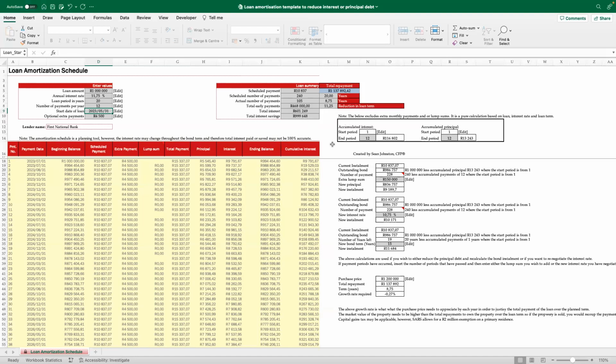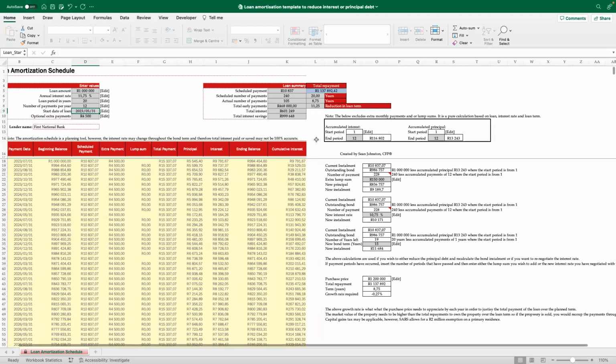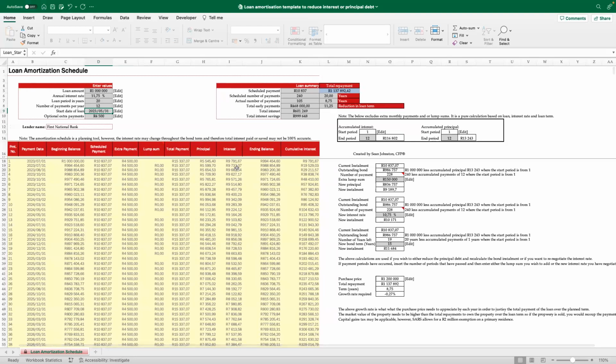The total interest savings is just under £1 million. It's 999,648. And the reason for this is because the 10,837 plus the 4,500 means the total payment is 15,337. And your principal portion is now increased so that you can actually pay the £1 million a lot sooner.